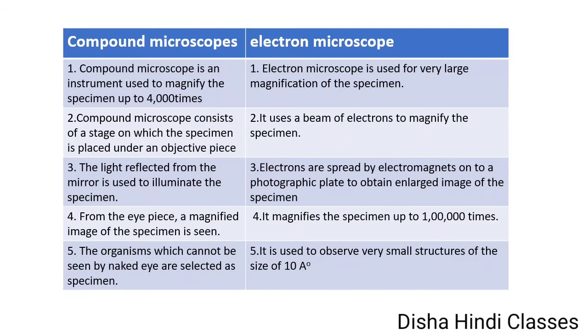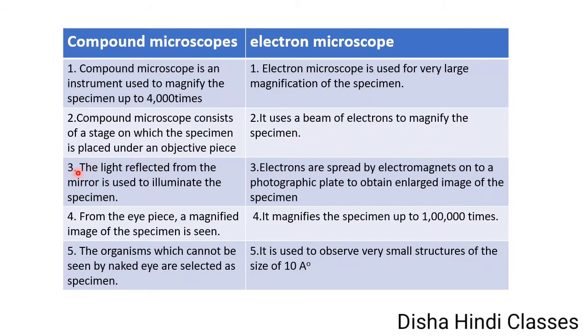Compound microscope consists of a stage on which the specimen is placed under an objective piece. Electron microscope uses a beam of electrons to magnify the specimen.